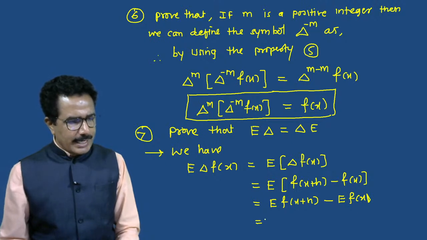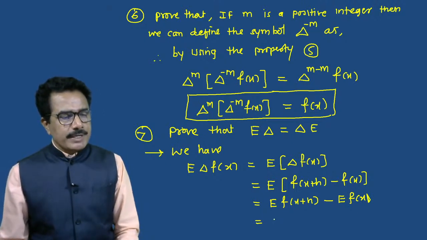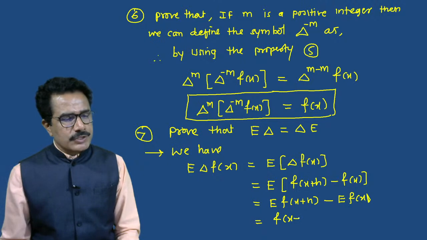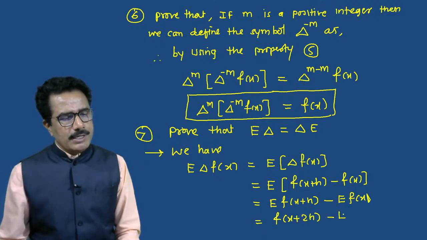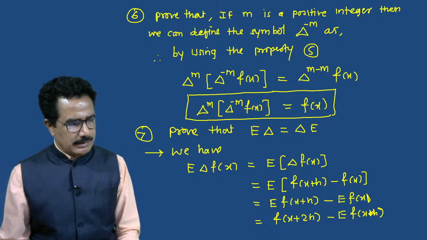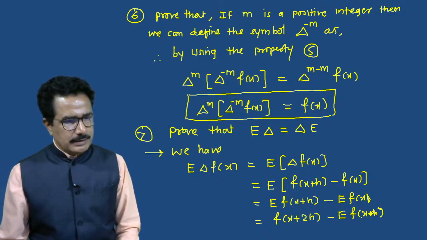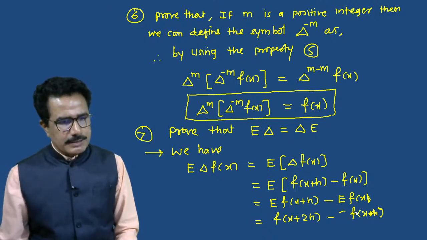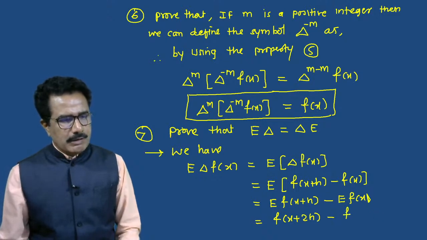So we can write E of x plus h means E of x plus 2h minus E of x plus h. E नहीं, f of x plus h, f of x plus h.